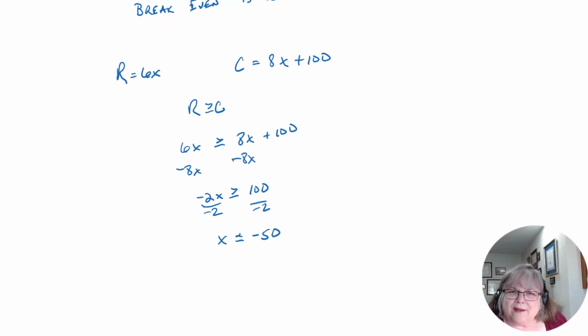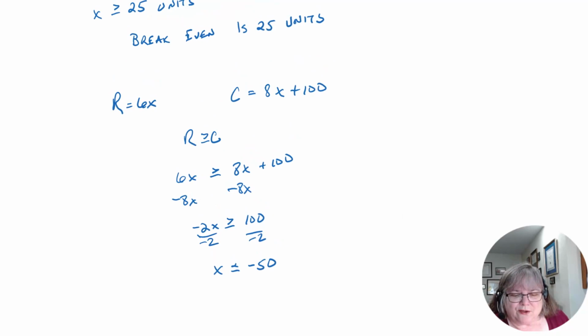Okay, how do you make less than or equal to negative 50 of something? You don't make anything at all. So your best bet in this case is that your cost is too high, and you would be better not to make anything at all than to make some and get $6 for each one, because you're going to be making no profit at all.